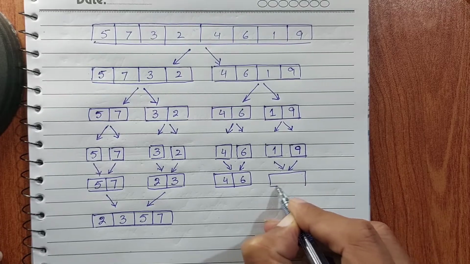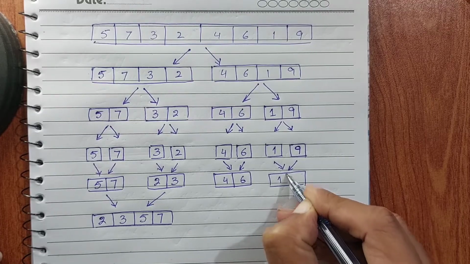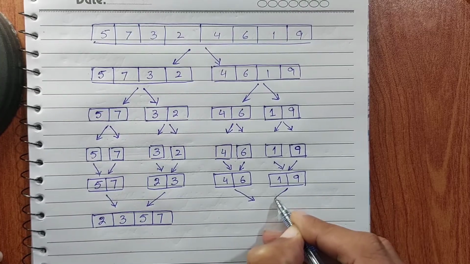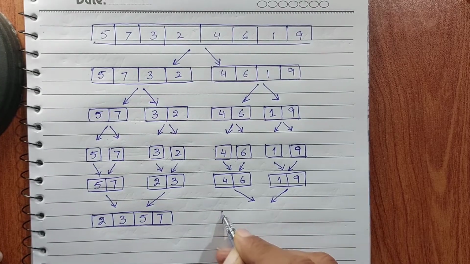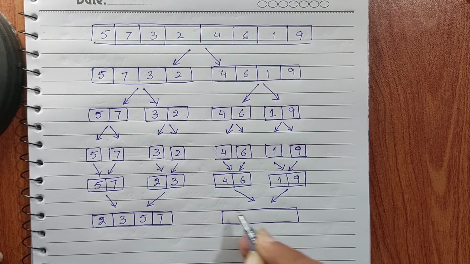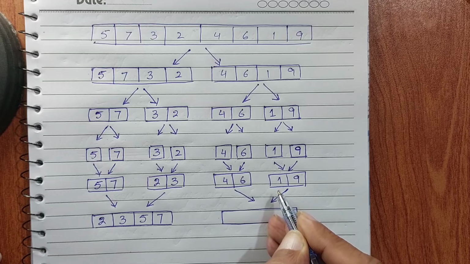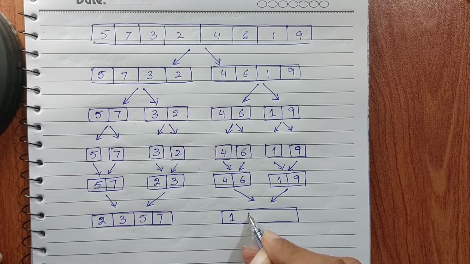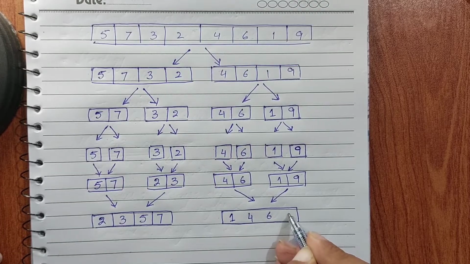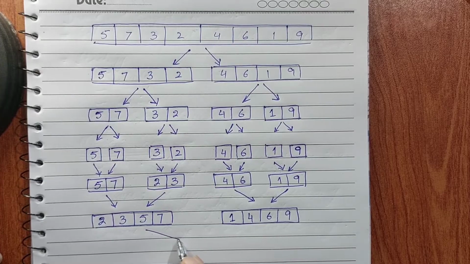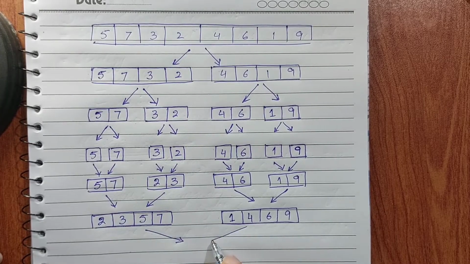These are already in sorted sequence, so good for us. Now we have to merge these two. One has 4 and 6, the other has 1 and 9, so it will become 1, 4, 6 and 9. And after that, we will merge these two sub-arrays.